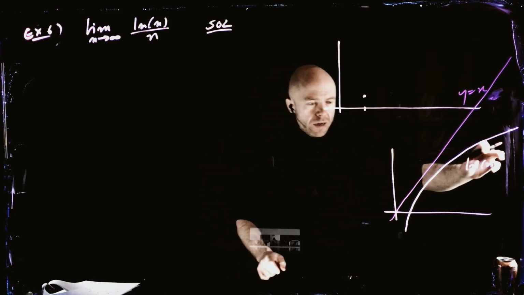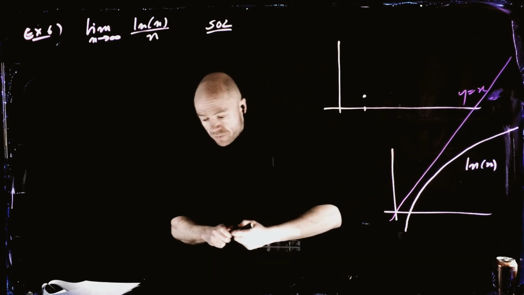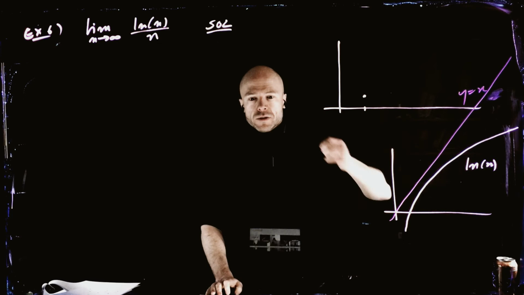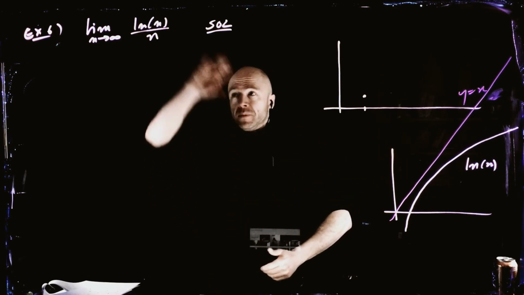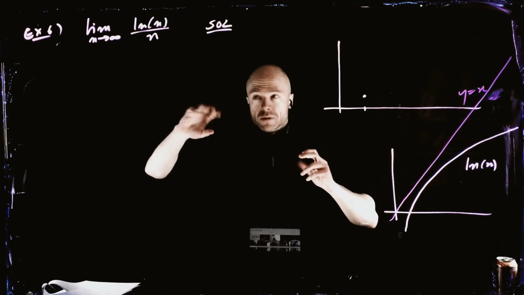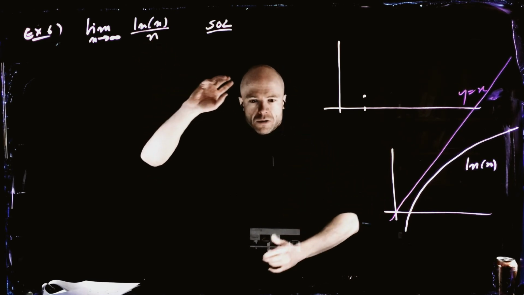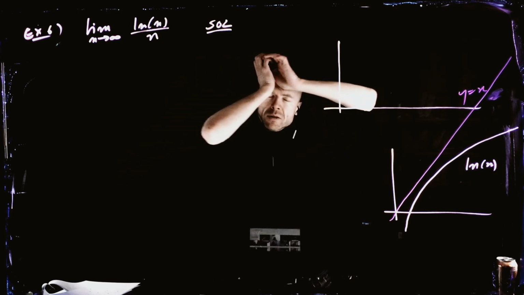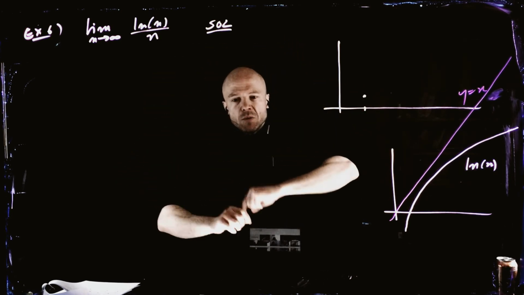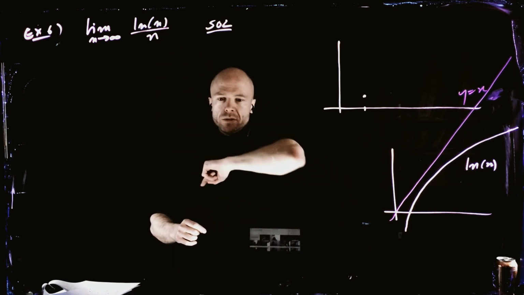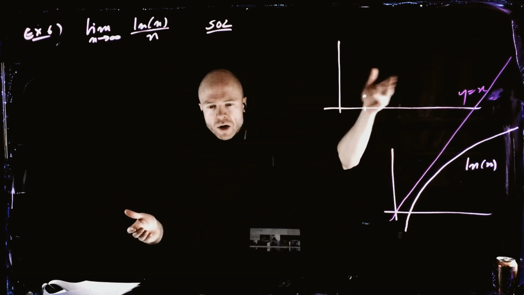I want you to be very familiar, as I've said many times, with these elementary functions, to know their behavior, and then be able to quickly get an answer for stuff like this just from that knowledge, which you can. So with very high probability, you should feel this has to tend to 0 because I know what log is like, and it's going to get killed when we compare it to just y equals x.